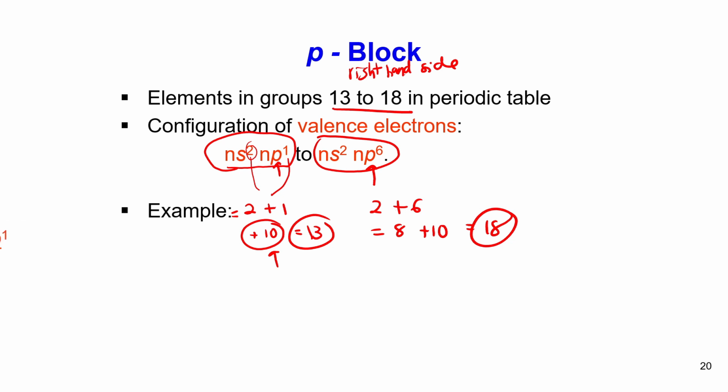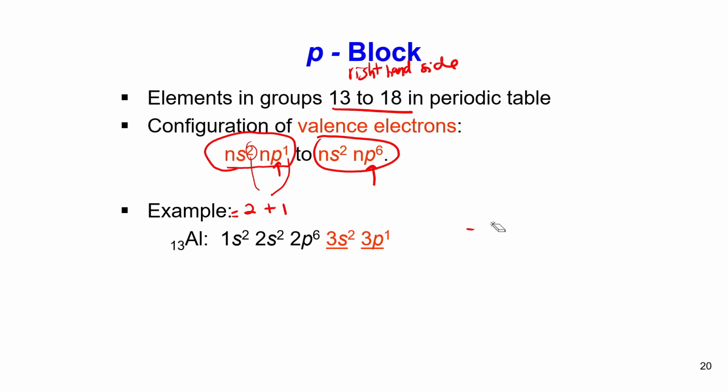For example, we are given the electronic configuration for aluminium. From this electronic configuration, we deduce that the highest principal quantum number n equals 3, meaning this element is in period 3. We have 3s2, 3p1.